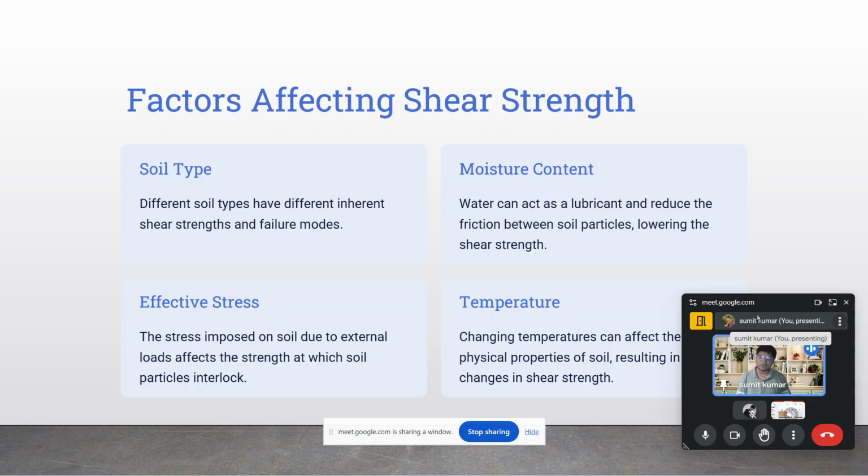So it is very important to design for such a condition as well, because it has been seen earlier that when the water table condition is not considered, several structures get damaged post construction.